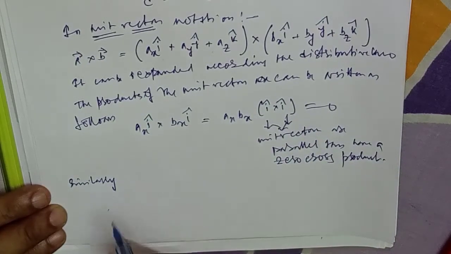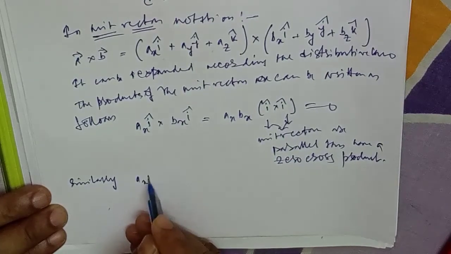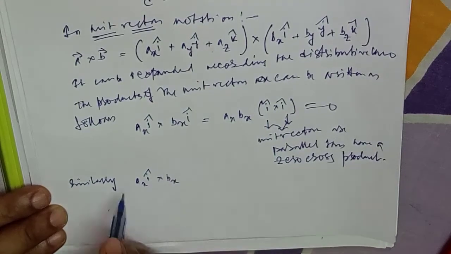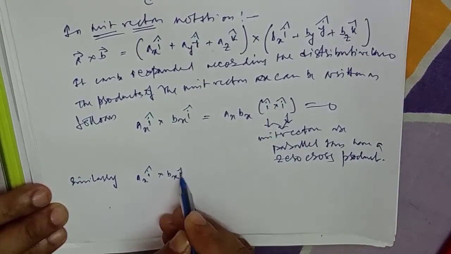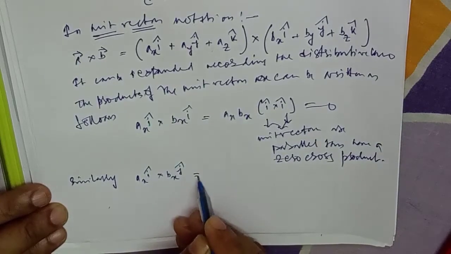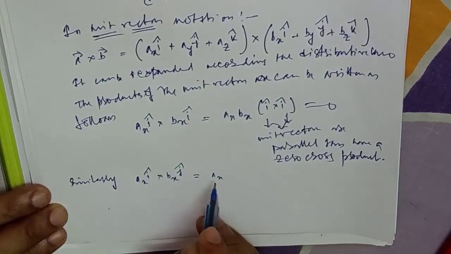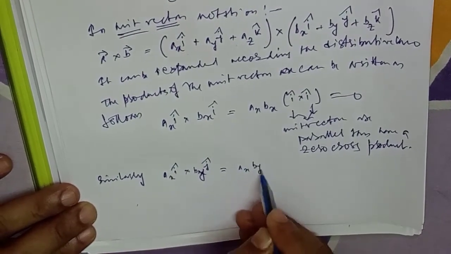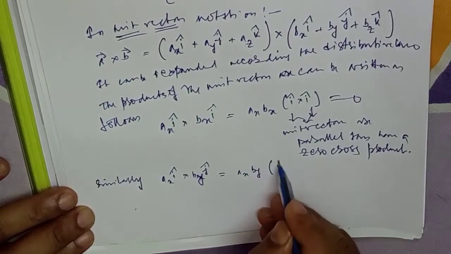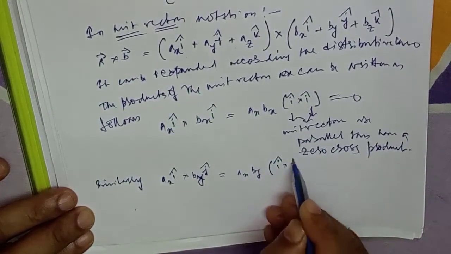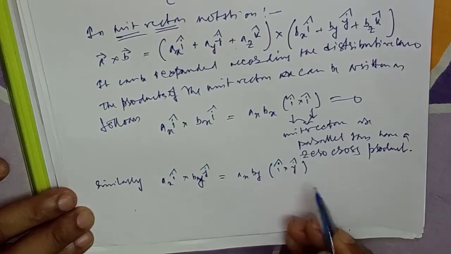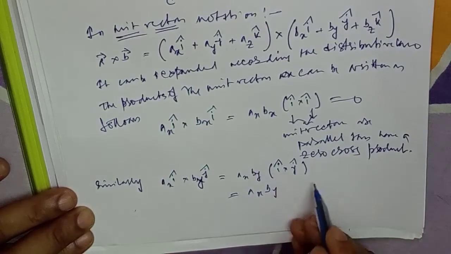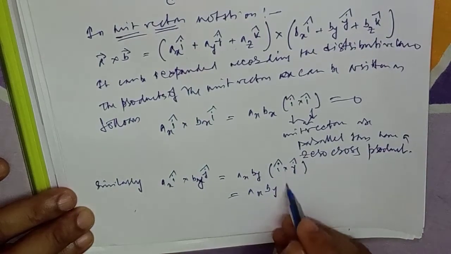Similarly, if we multiply this way the component ax i into by j, we are changing the format: ax by i cap cross j cap gives you k cap.